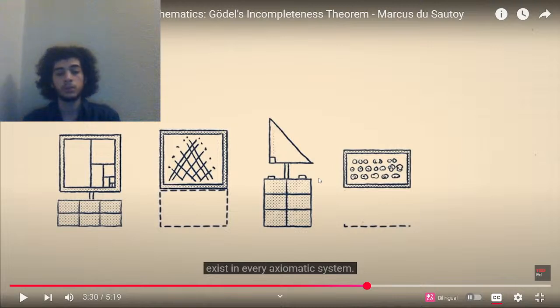So the question is, is there any axiomatic system that cannot be mapped into another form of system, like numbers? That is the question that I need to know the answer to, because I don't know. It feels like there may be.